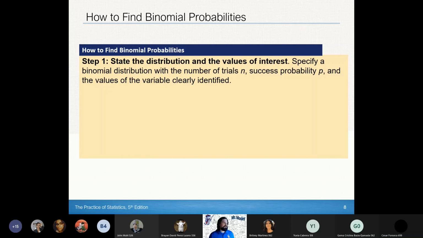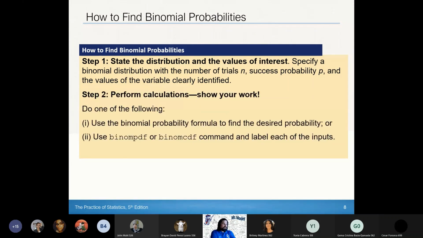Don't just have a problem and say, okay, P(X = 7), without first saying, okay, X is going to represent such and such. I want to know the probability of having 7 successes. Probability of success is this. Then you can start using all those things. Show that somewhere in your work and in your calculations.